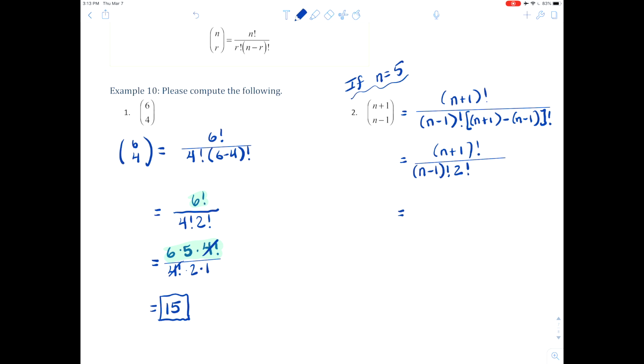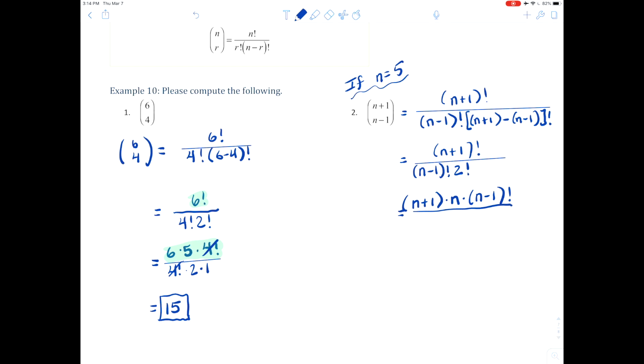So that needed a big breath for that one. All right, so here we go. Well, we'd have n plus 1 times n times, good, n minus 1 factorial. So that's like what we did over here on the left.